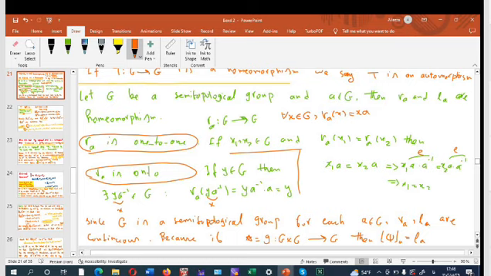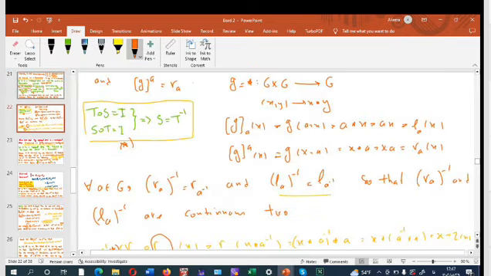Because if we consider star as the binary operation of G, then we see that g_a equals L_a, and g_a equals R_a.